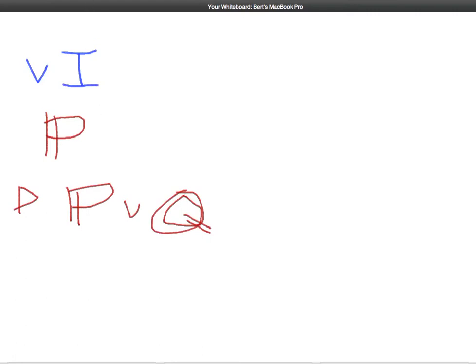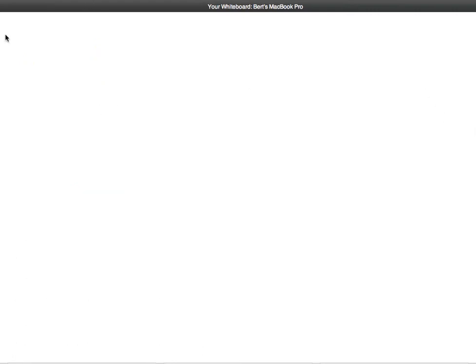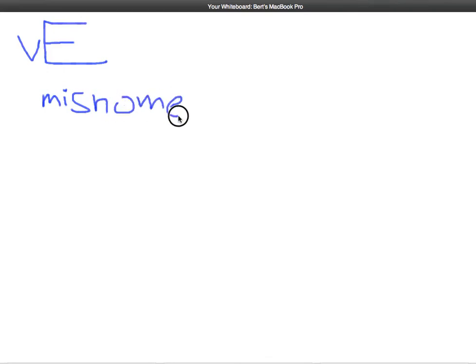The trickier case now is going to be disjunction elimination. Disjunction elimination is a bit of a misnomer. A misnomer is just a name that doesn't quite characterize what it is that we're actually interested in.